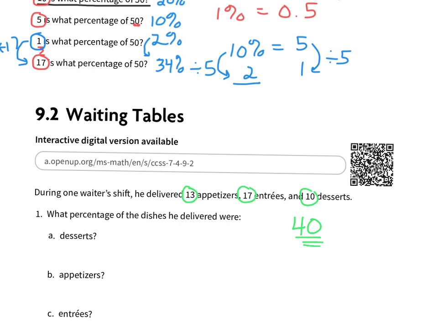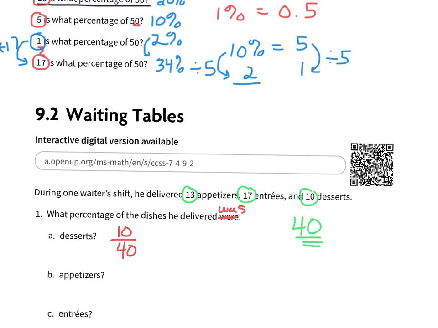So I added the 13, the 17, and the 10. That's our whole. So now the question is, what percent of what he delivered were desserts? Well, desserts was 10 out of that 40.